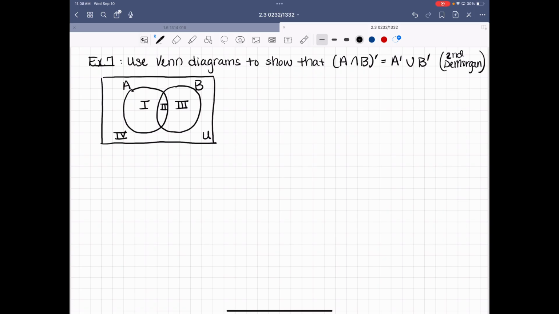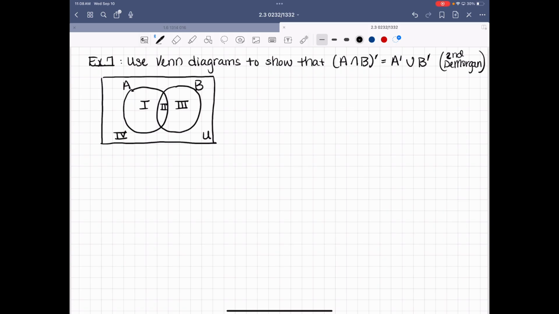Okay, so we want A intersection B complement. We've got to show that it equals A complement union B complement. Okay, so let's think about it.